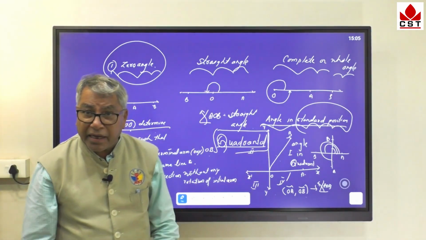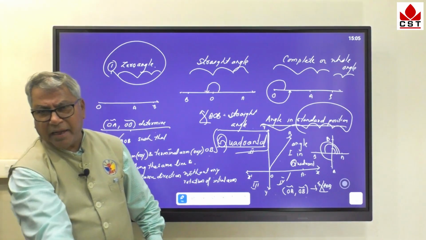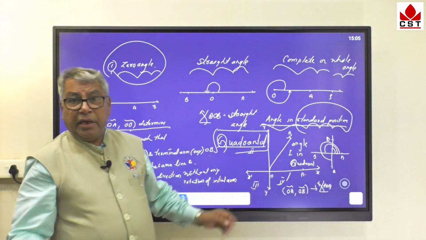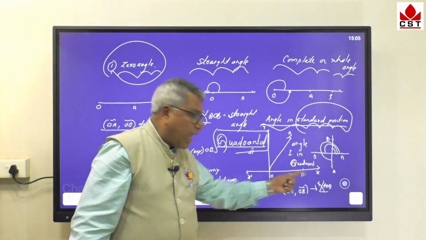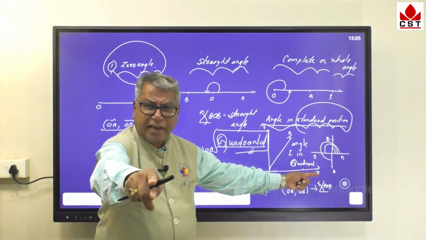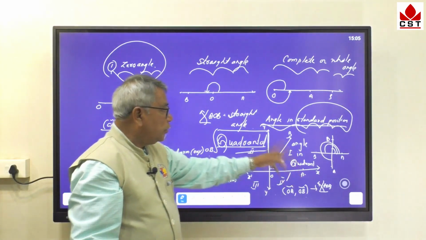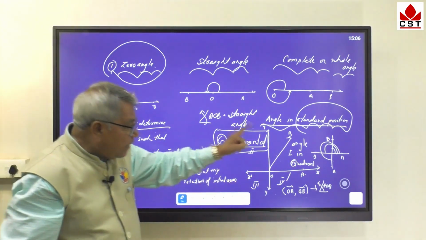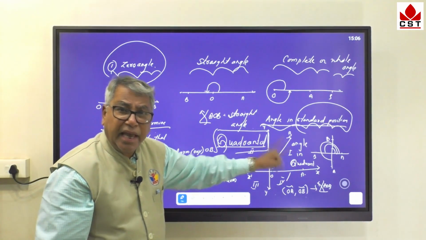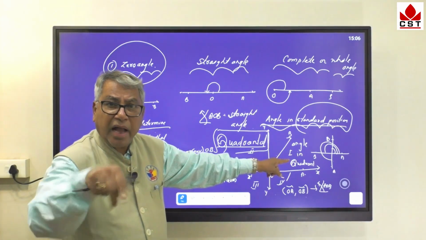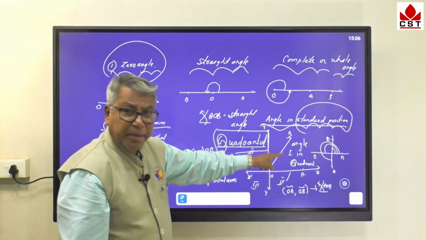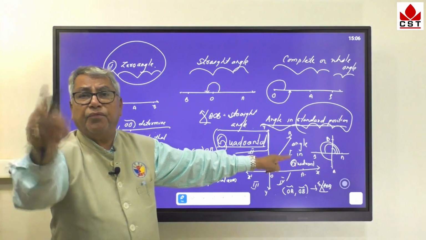Followed? Third one, angle in standard position. Very important. The angle in standard position, that means initial arm must be along positive direction of x-axis. Vertex of the angle is origin, right? So this is angle in standard position. If terminal arm lies in any quadrant, the angle is in quadrant. For example, terminal arm lies in first quadrant, angle is in first quadrant.